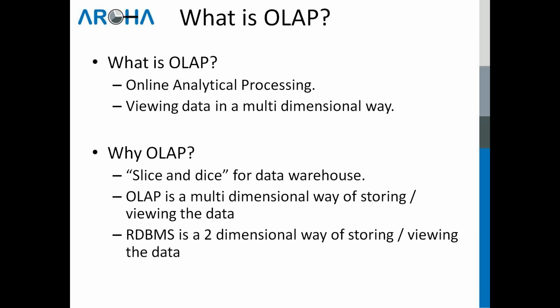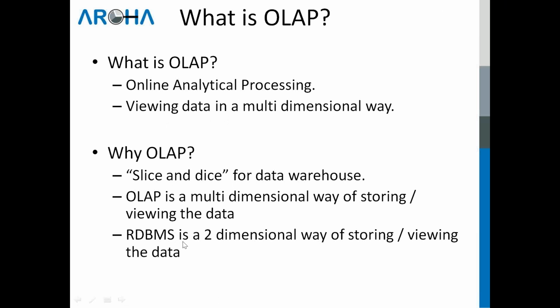Now consider each side of the cube as a dimension. You can turn the cells however you want. The intersection of these dimensions makes you a metric, which is nothing but a fact. That is also considered slice and dice. I'll show you a little bit more graphically. You will be able to understand very easily.